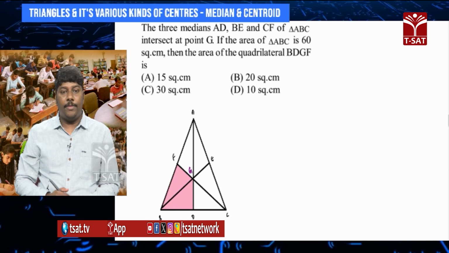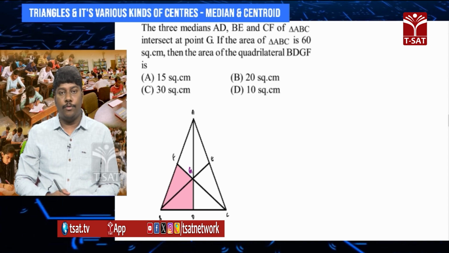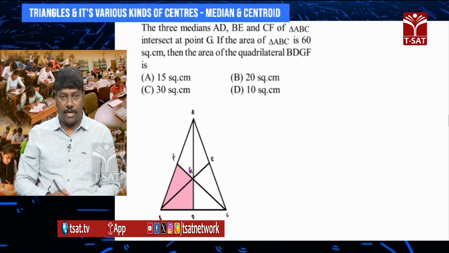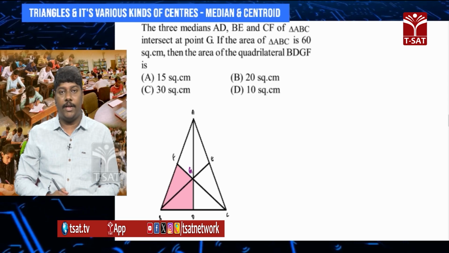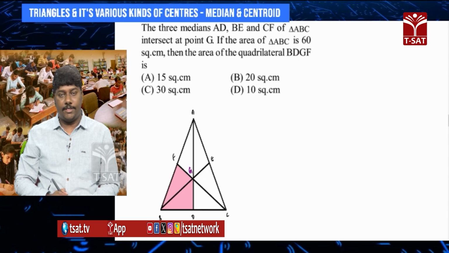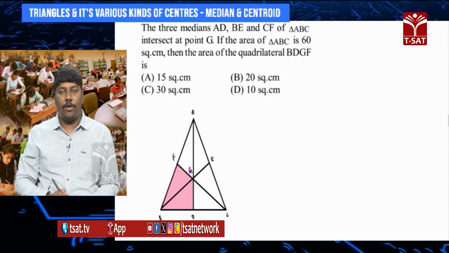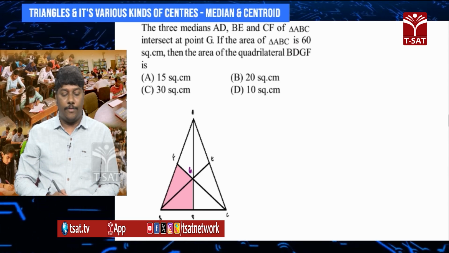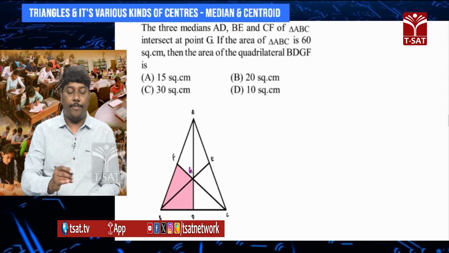We know the three medians divide the triangle into 6 equal parts. Actually, the medians divide the entire triangle into 6 equal areas. These six triangles which we got all have equal area. Therefore, there are only two shaded parts.